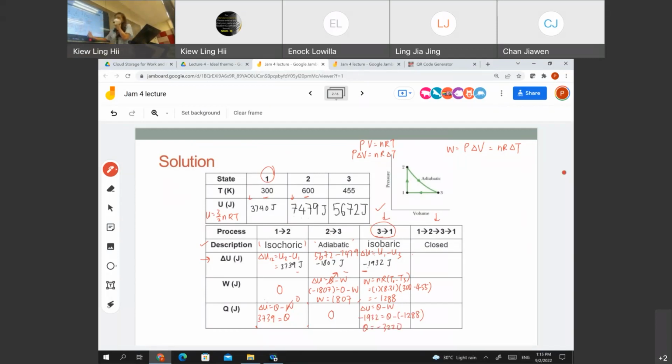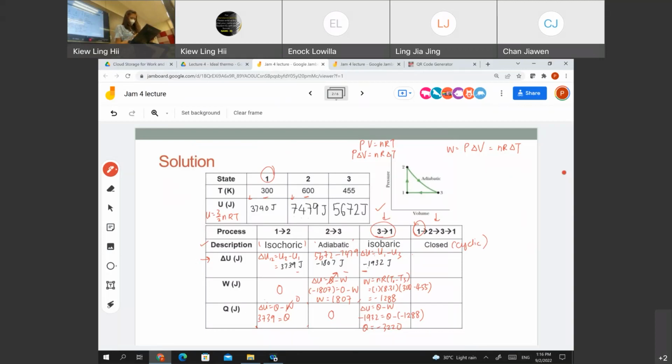Now let's look at the final one. This is a closed loop, or actually a cyclic process. Since it is a cyclic process, it starts at point 1 and ends at point 1. So the initial temperature and the final temperature will be the same.